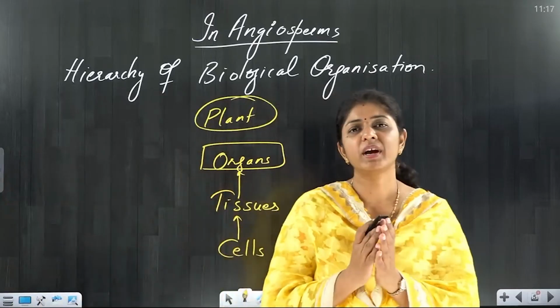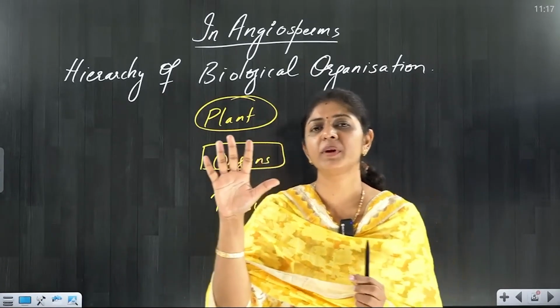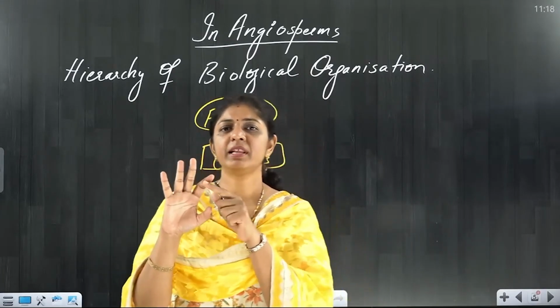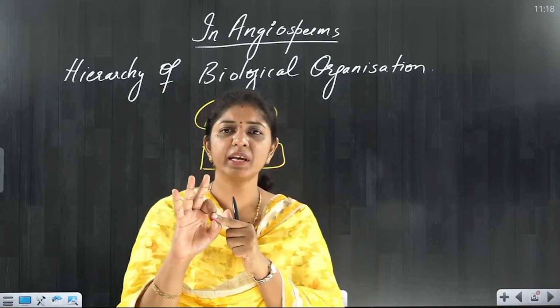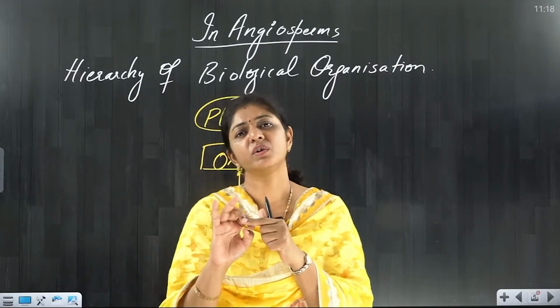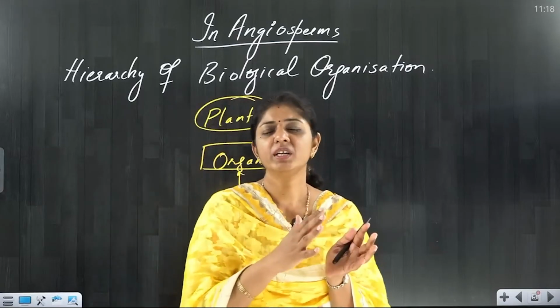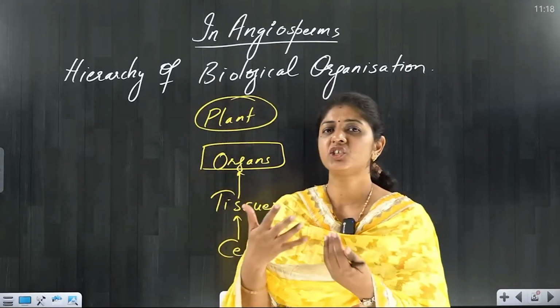Organ systems you will find in the kingdom Animalia. I told you 5 kingdoms are grouped according to the 5 kingdom classification. Monera, where bacteria come, then Protista, where protozoans are one of the examples, then fungus is the third kingdom, then Plantae, then Animalia. We are discussing the Plantae kingdom, right? Animalia is much more advanced.